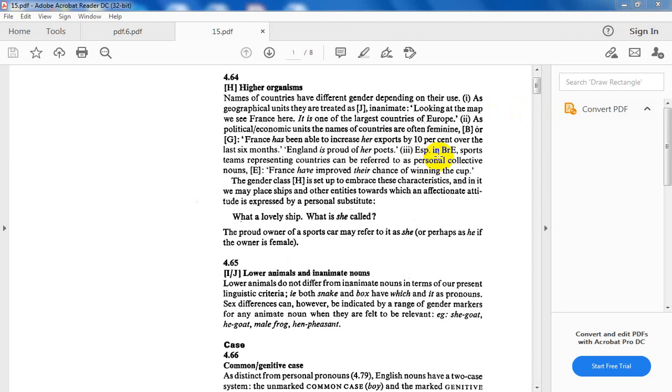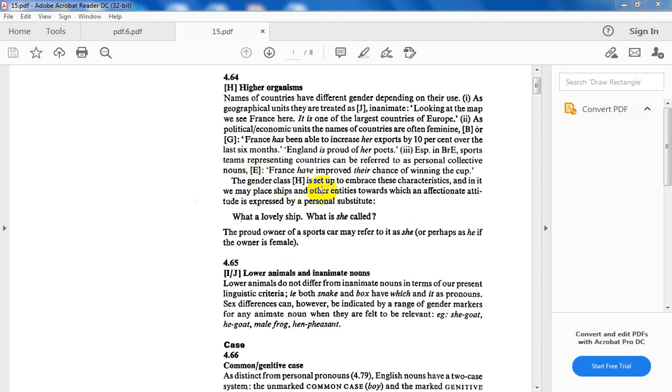Especially in British English, sport teams representing countries can be referred to as personal collective, meaning "they": France have improved their chance of winning the cup. You see, because I'm talking about France as a sport team. So it is personal, individual, collective now.